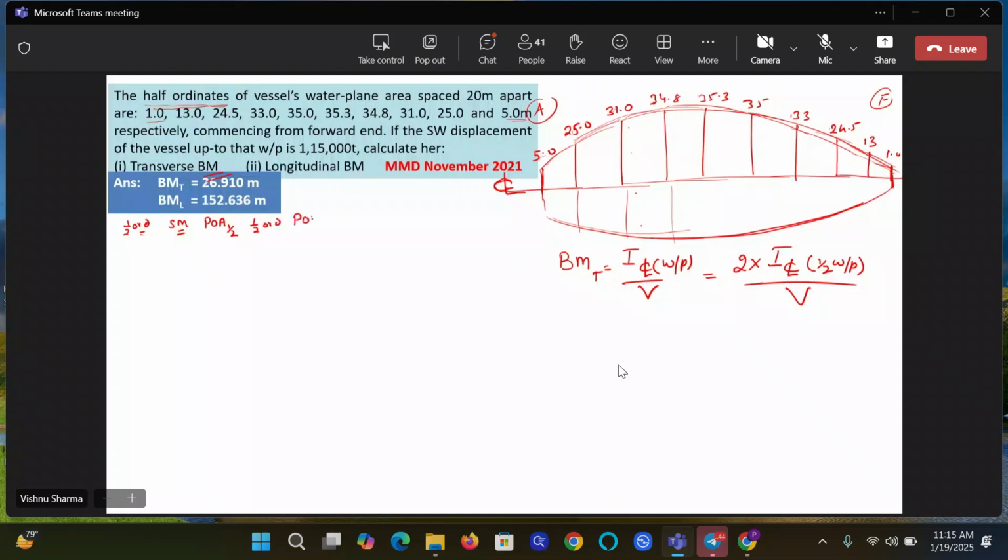This will be product of half moment about which? About center line in this case. If you don't want to write, it's okay, but I usually write center line. Then half ordinate again. And then product of half inertia about center line. Please make these tables and give me the SOPs. Complete the table.